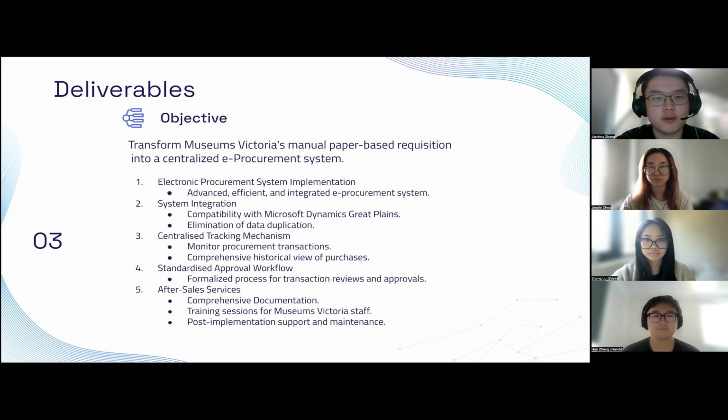For our key deliverables, we are introducing an advanced electronic procurement system that is tailored to the museum's specific needs. Crucially, this system will integrate seamlessly with the existing financial software, Microsoft Dynamics GP, ensuring no data is duplicated and the operation continues smoothly.